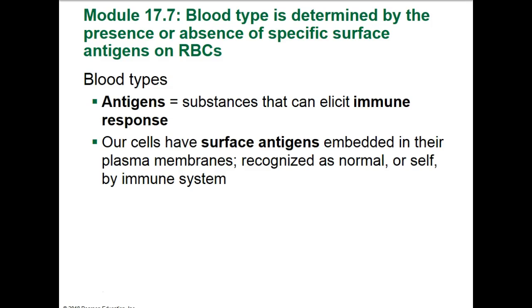But even your own cells have an antigen. Hopefully your own cells' antigens are not seen as foreign. Hopefully your body does not react to your own antigens and cause an immune response. So these should be recognized as normal or self, and you shouldn't react to them.